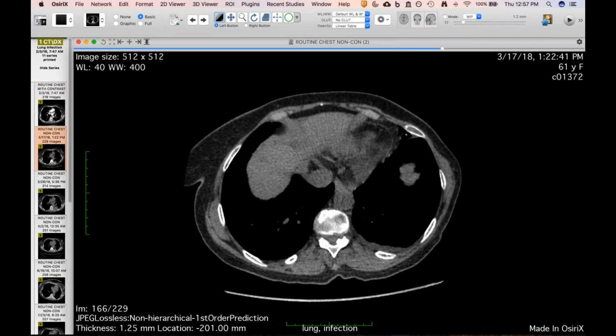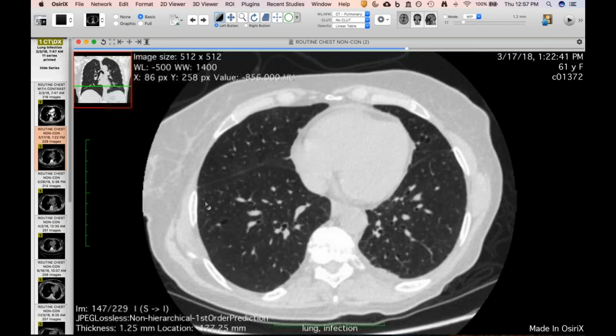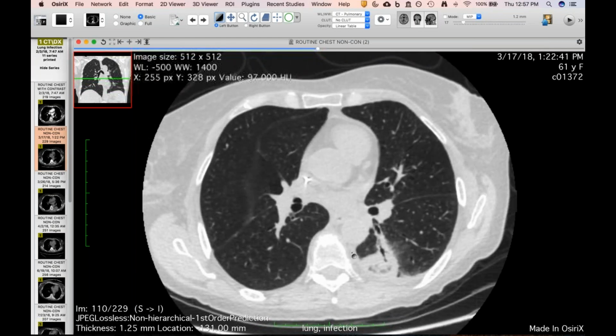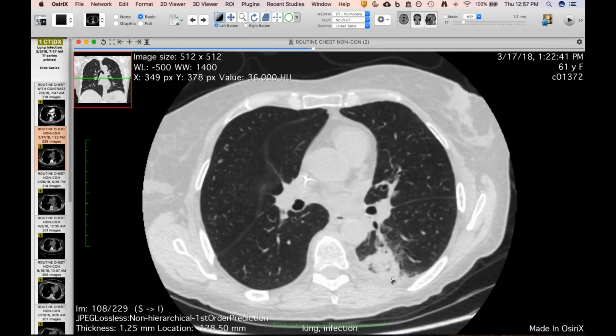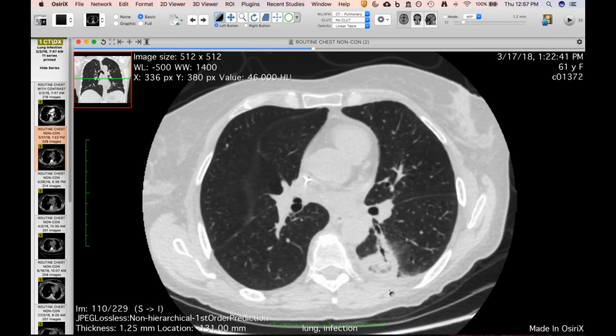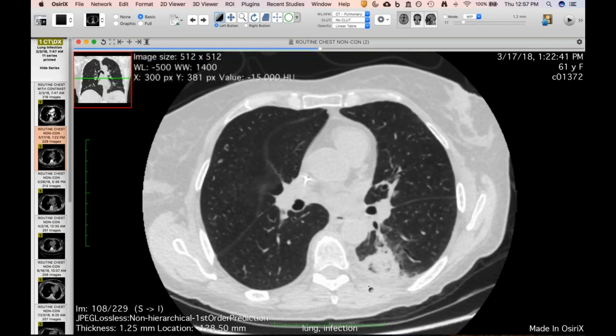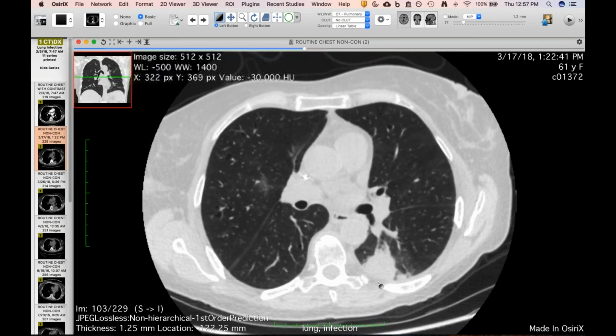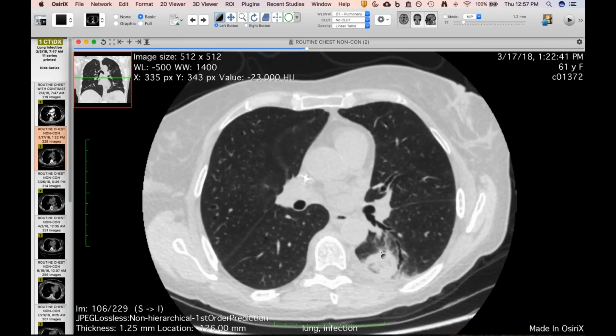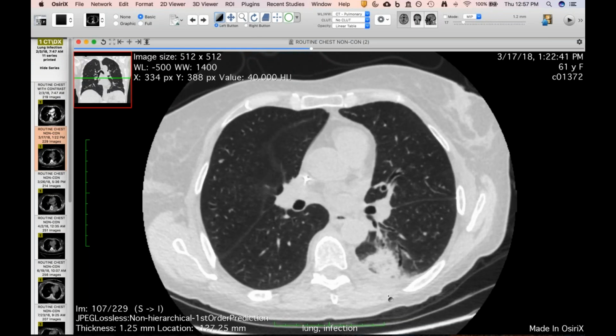But that was February. In March, she came in, has a small effusion, and has this peripheral area of consolidation, and she's neutropenic at the time. This looks like a small bird's nest, as we would describe in some of these cases. Certainly, they were worried, and we were worried about an angioinvasive fungal infection.